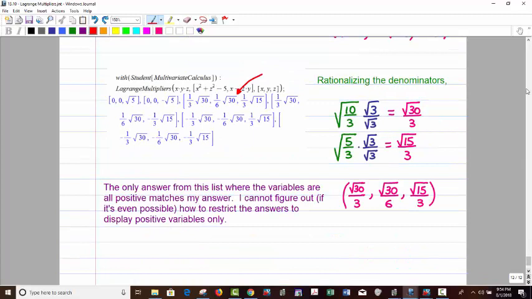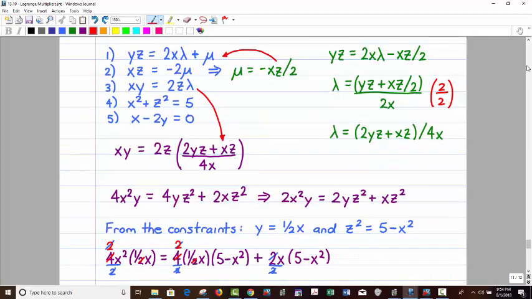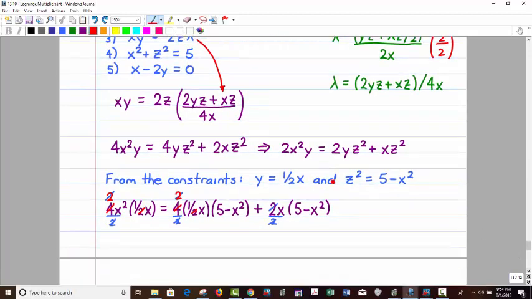Oh, so jumped too far ahead. So at this point, I took this left side. Everywhere there's a y, there's 2 y's right here, so I put a 1/2 x. And then for z squared, I put 5 minus x squared in both places.